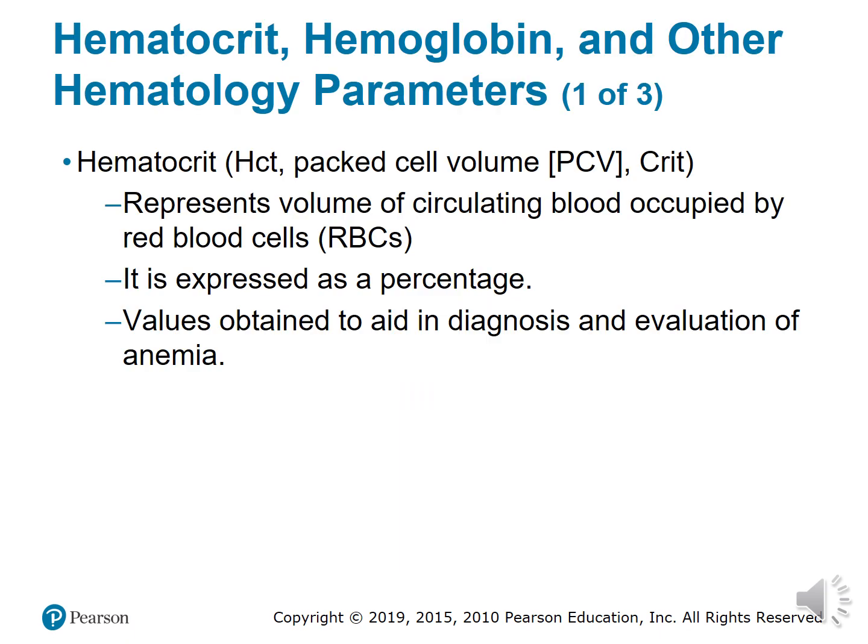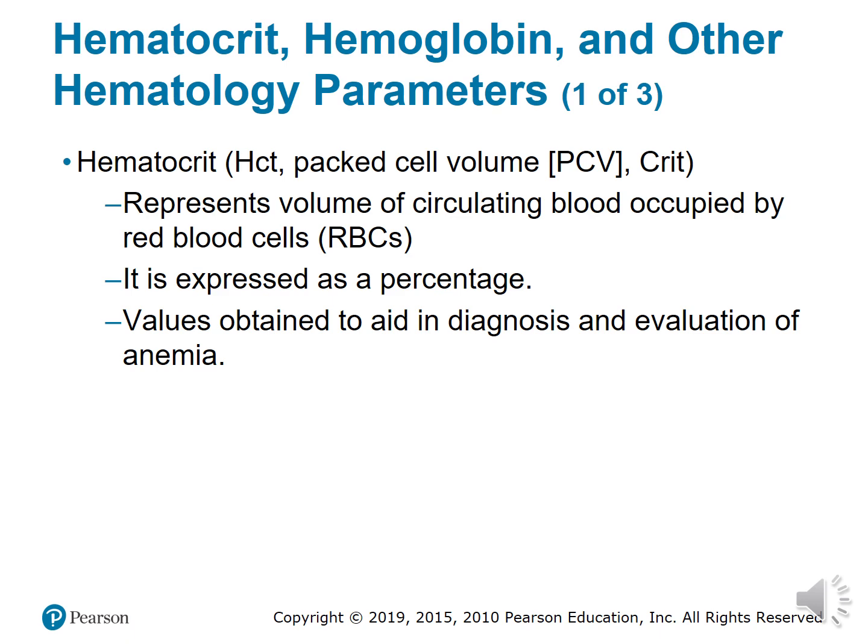Another type of test that has come along can check your hematocrit, hemoglobin, and other hematology parameters. As we know, hematocrits, or HCTs, are packed cell volumes, which represents the volume of circulating blood that is occupied by red blood cells.